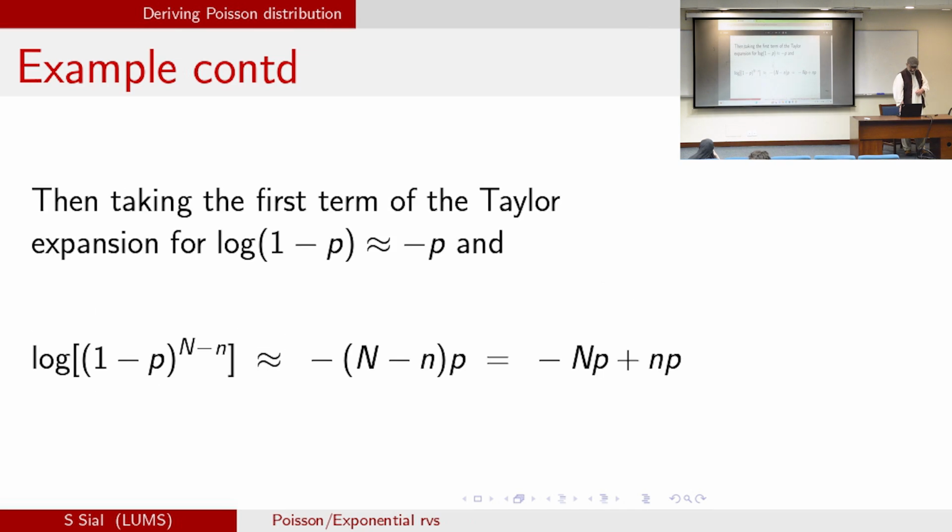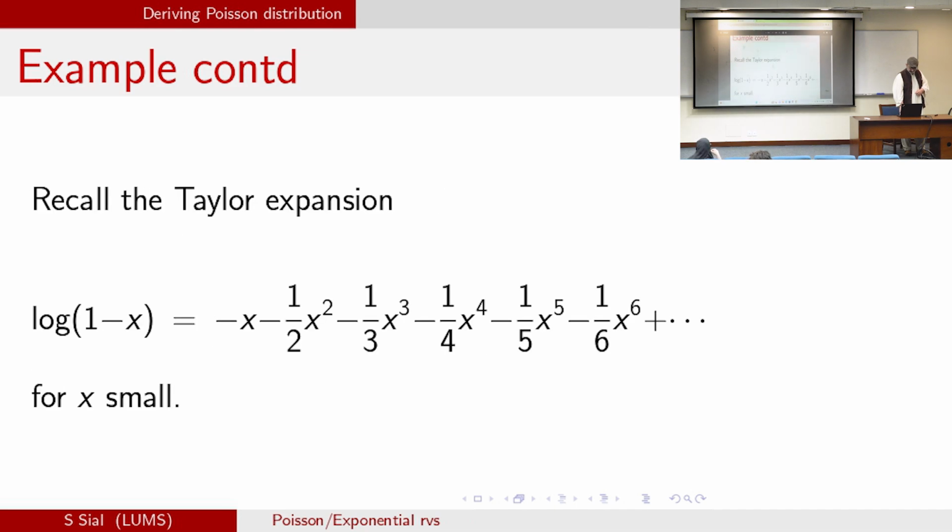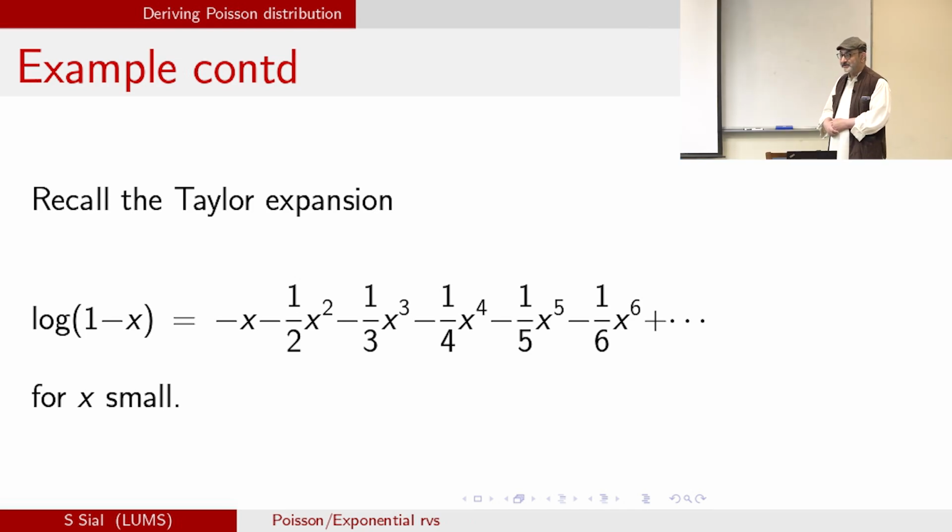Now, if x is very small, then x squared is really, really small, and x cubed is even smaller and smaller. So we might, as an approximation, say that when x is really small, then the logarithm of 1 minus x is approximately equal to minus x.